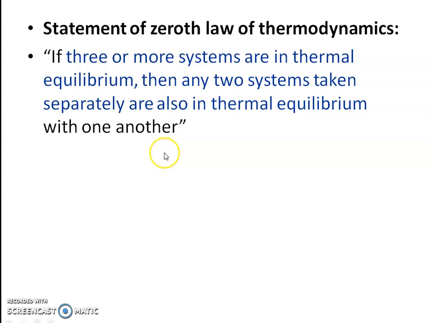Actually this statement is analogous to the concept you studied in maths. That is, suppose A is equal to B and B is equal to C, then A must be equal to C. It is like that.